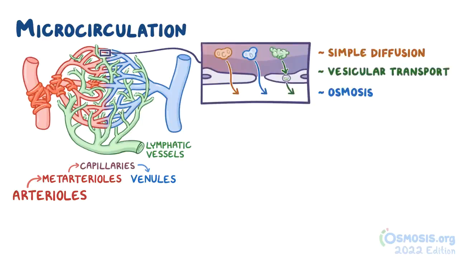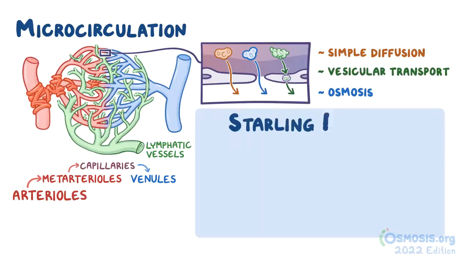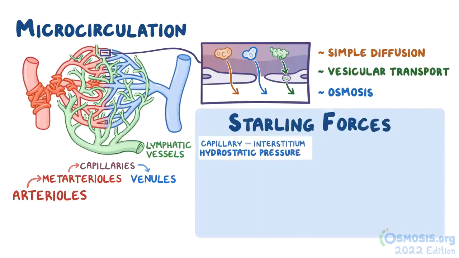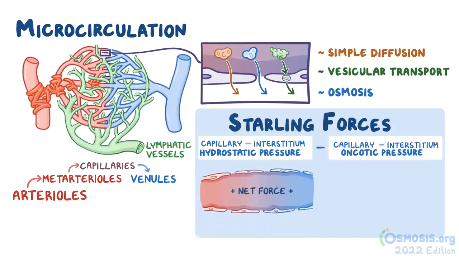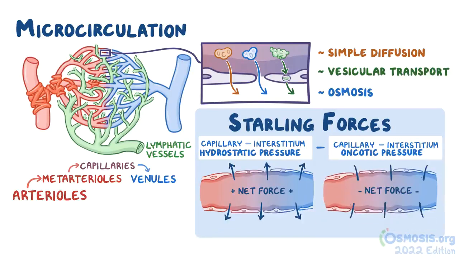Water crosses the capillary clefts with the use of the Starling forces. And the four Starling forces are hydrostatic pressure in the capillary, hydrostatic pressure in the interstitium, oncotic pressure in the capillary, and oncotic pressure in the interstitium. When the net force is positive, water moves out of the capillaries, and when it's negative, water moves into the capillaries.